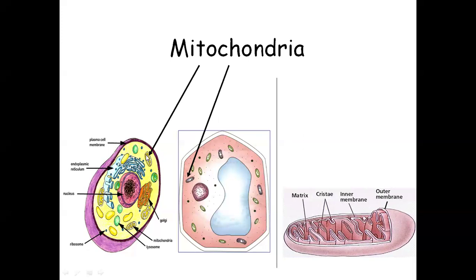And mitochondria is otherwise called as the powerhouse of the cell. This is going to provide or render energy for the entire cell. For the entire cell structure, this mitochondria is going to render the energy. Okay.